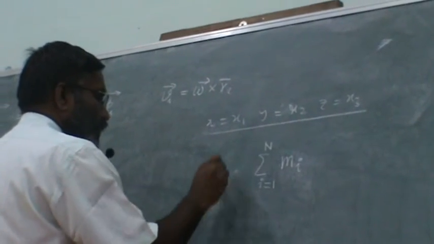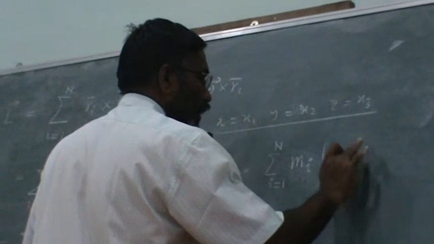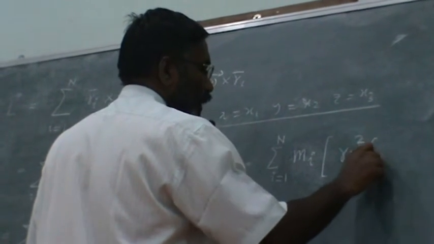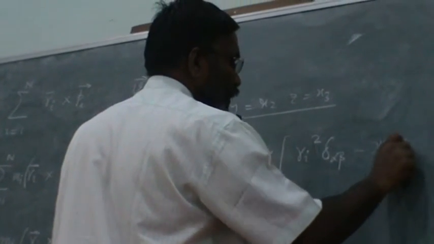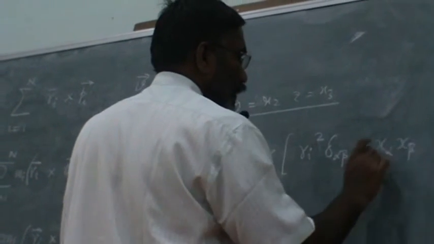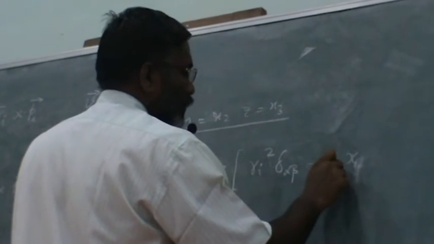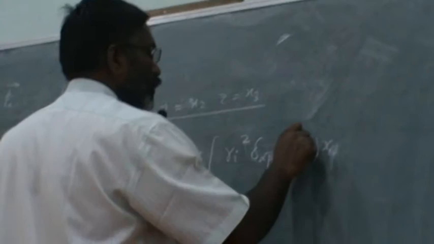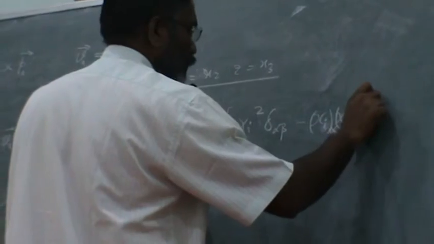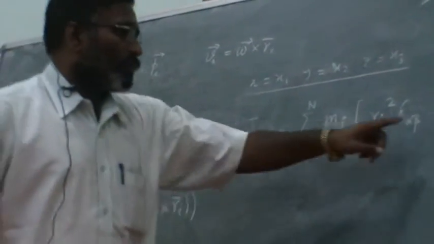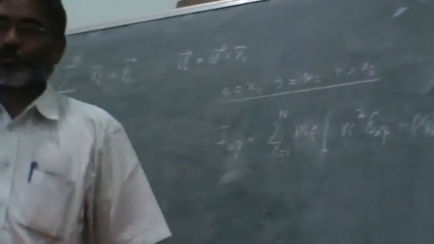So it is the sum of m_i into r_i squared delta_alpha beta minus x_i alpha x_i beta. Here i is the particle index, and alpha and beta are the components of the vector.